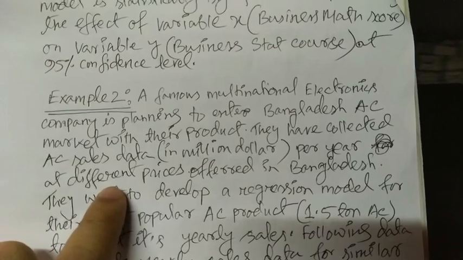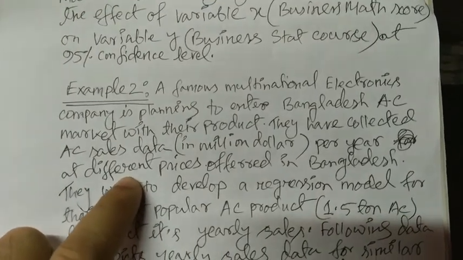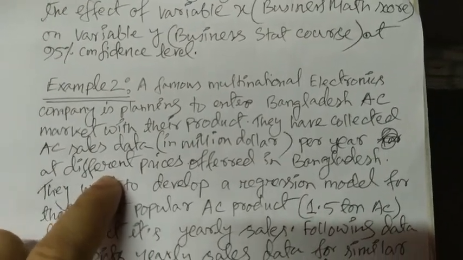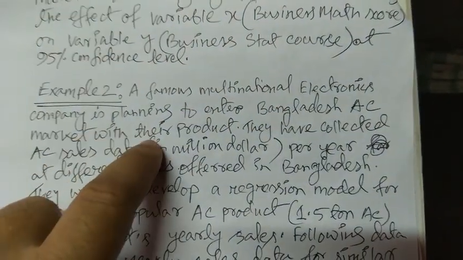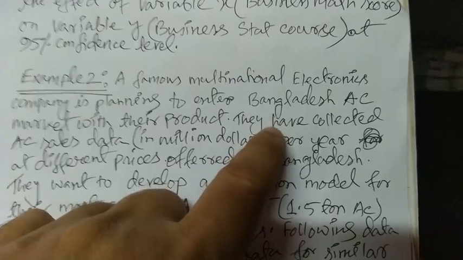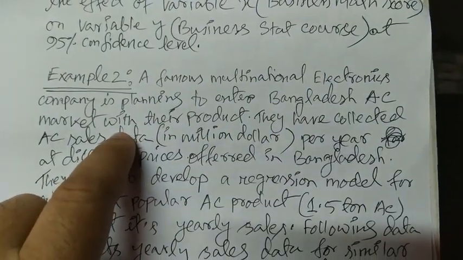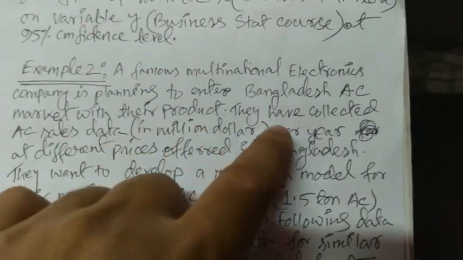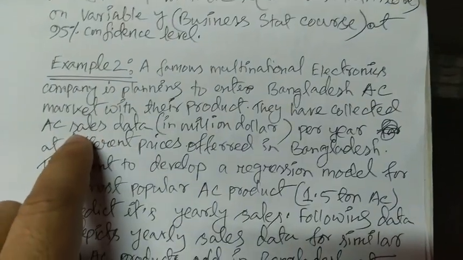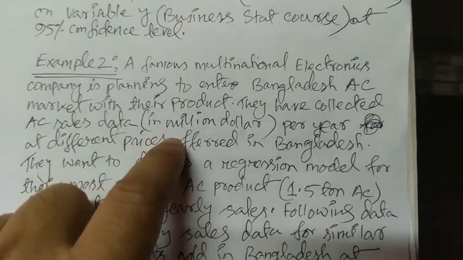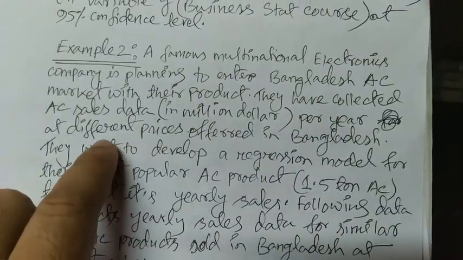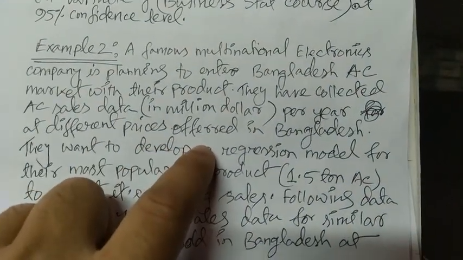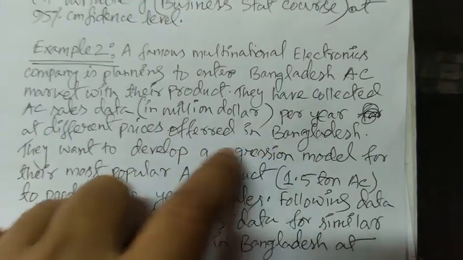Now we will solve another problem on this. Example 2. A famous multinational electronics company is planning to enter the Bangladesh air condition market with their product. They have collected air condition sales data, in $1 million per year, at different prices offered in Bangladesh.